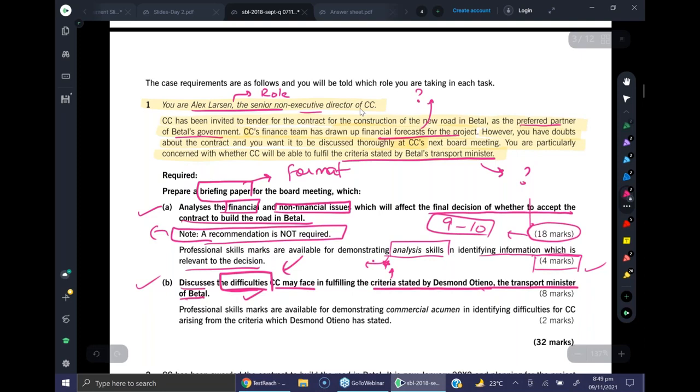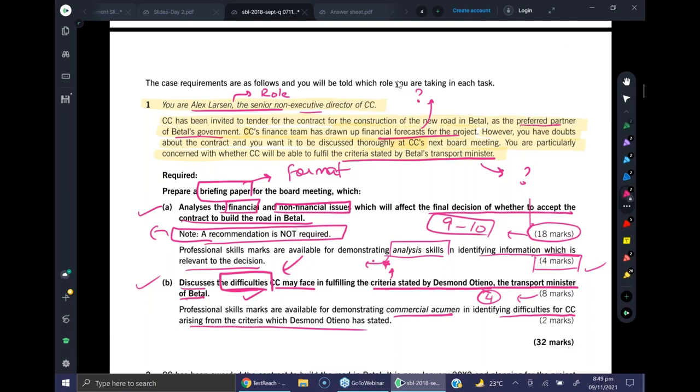So for 8 marks again, I will be discussing at least 4 points. And professional skills marks are available for demonstrating commercial acumen and identifying difficulties for CC arising from the criteria which Desmond has stated. Desmond has given us a very quick criteria in one of the exhibits.